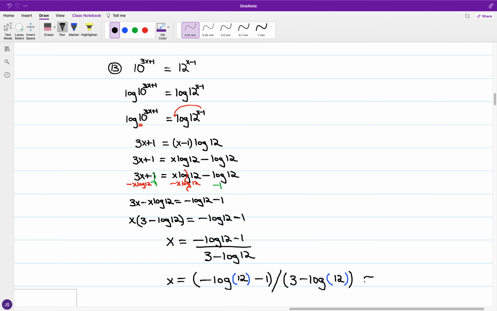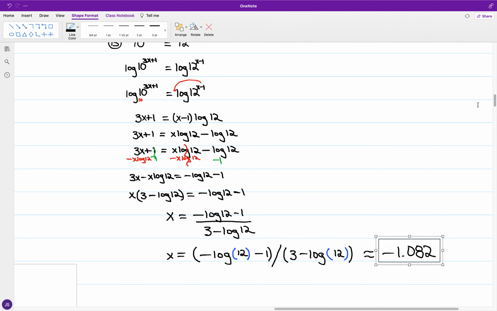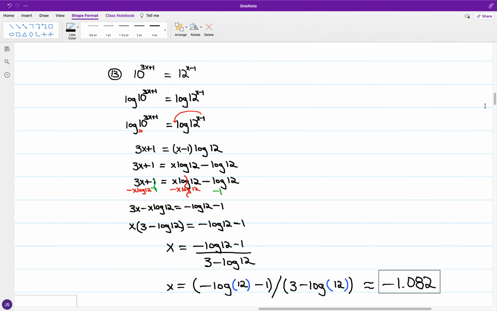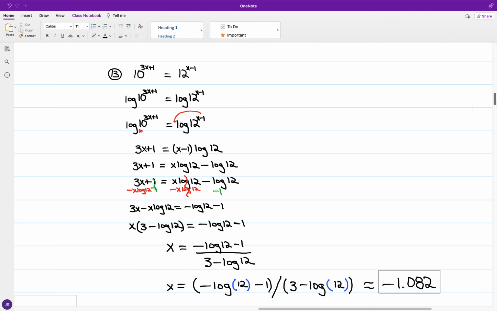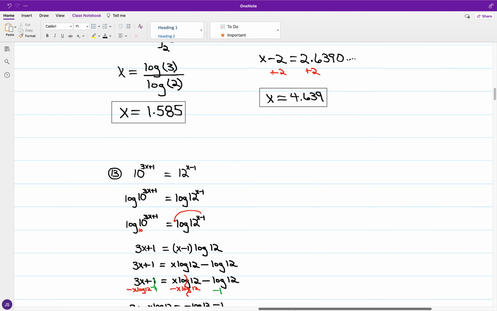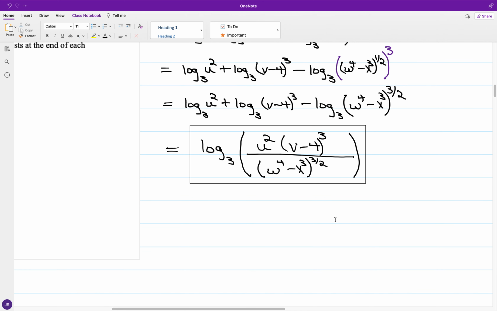And so for x, to the nearest 3 decimal places, this will be about negative 1.082. So that's another sample of exponential equations, this time with those that do not share a common exponential base. Now reverting to systems of equations.